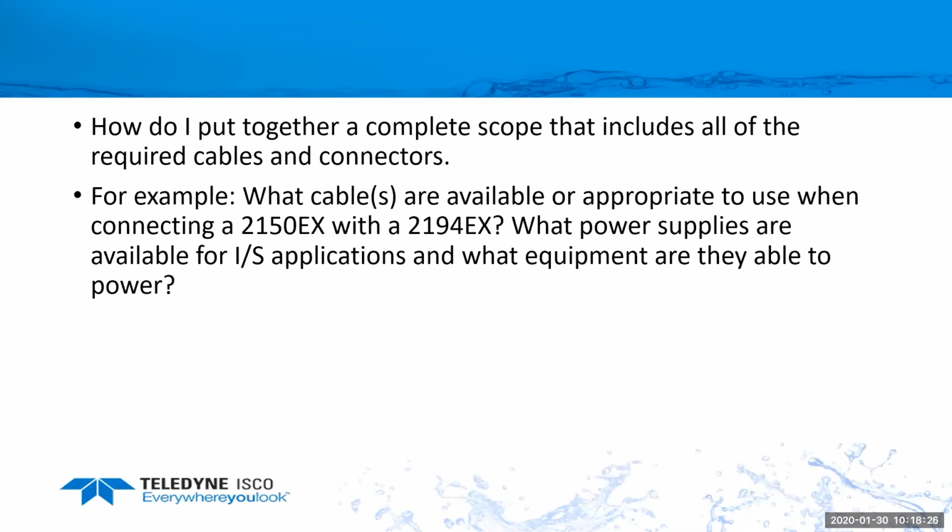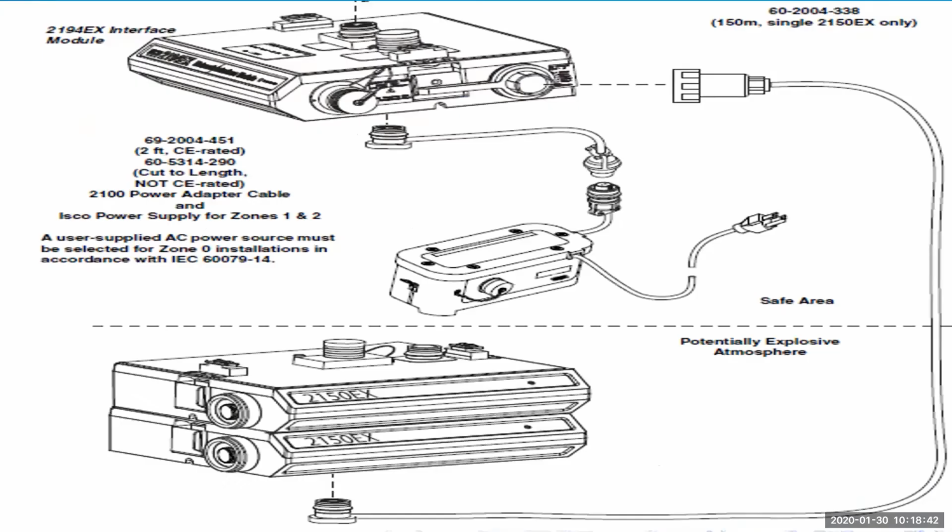All right, another question that came in is how do I put together a complete setup that includes all the required cables and connectors? For example, they have an ISCO 2150EX with the 2194EX. With that, you could go to the ISCO website and download the 2150EX manual, and they have this example in there showing all the parts and cables and how it goes together.